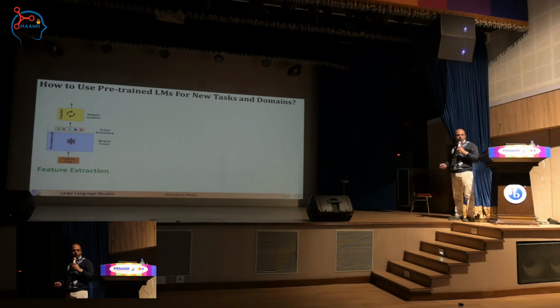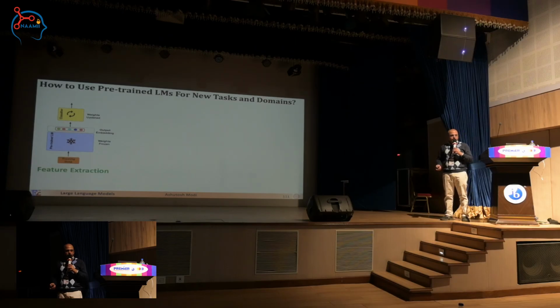It could be a simple MLP, multi-layer perceptron, or a logistic regression, or even an SVM. In this, you are only training the weights of the classifier. You are not changing the weights of the LLM, it's frozen. So here, you're using the LLM as a feature extractor. It takes in an input, extracts features, and using these extracted features, you can do classification, for example. So that's one way of using it.